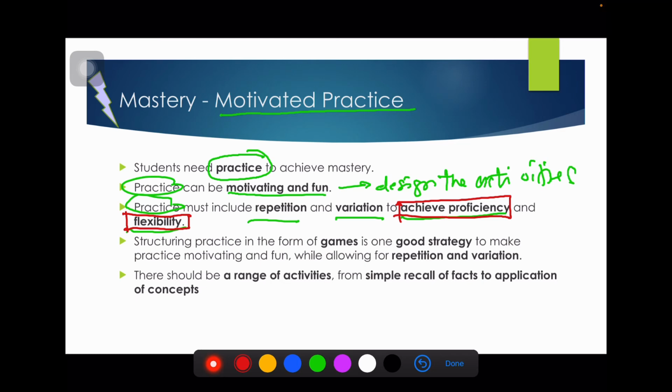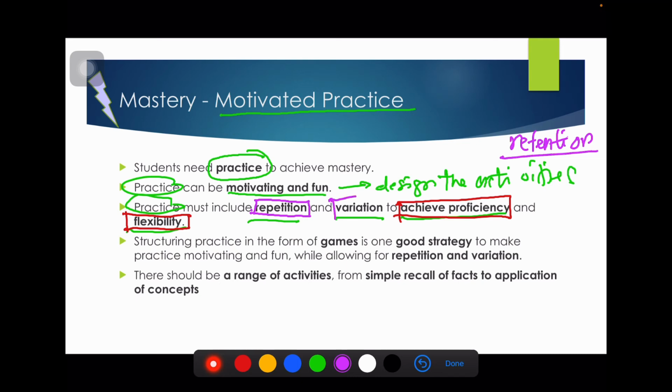Now, in your motivated practice, you should have repetition. Repetition here means questions or something that they do more than once, so that it enhances retention, so that it stays in the long-term memory longer.